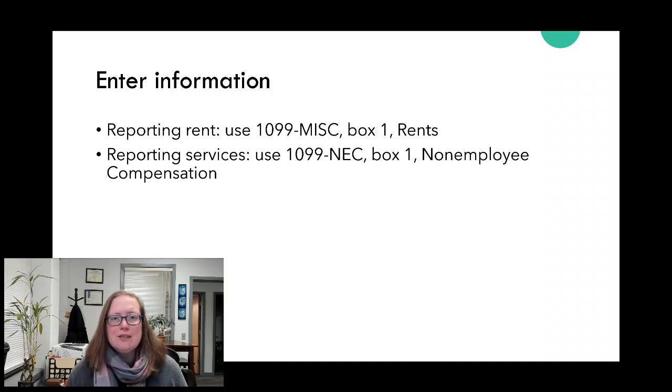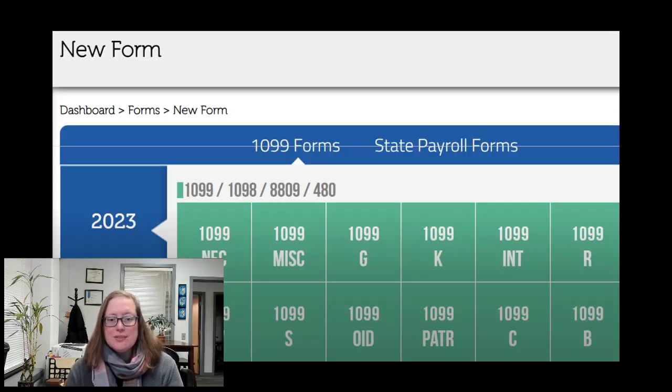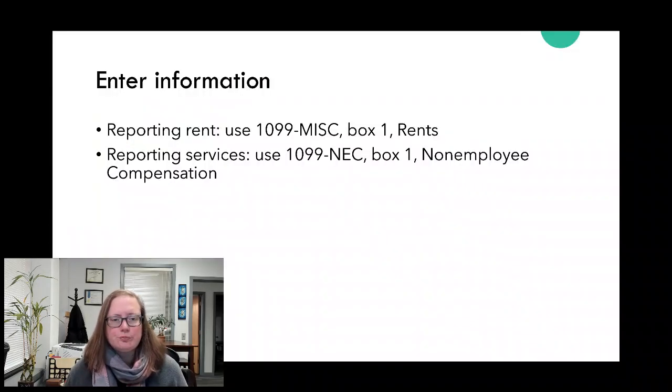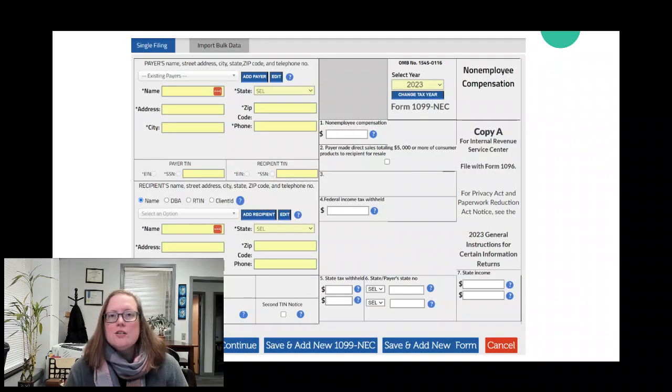As you could see from this snippet of a screenshot, the options were much, much larger. There are many other kinds of 1099s, but these are the two most common that business owners need to file.